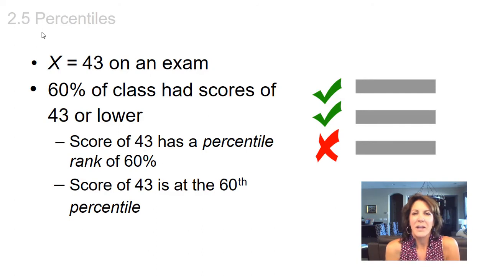And you don't really know how you did compared to the rest of the class, so you look into your percentile rank. So if 60% of the class had scores at either 43 or lower, your score has a percentile rank of 60%. So a score of 43 is at what we call the 60th percentile.